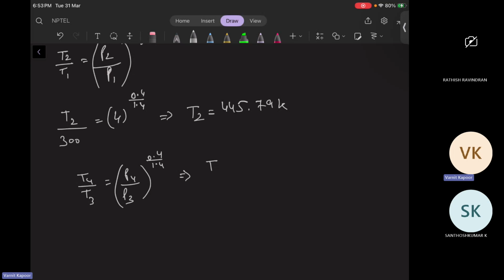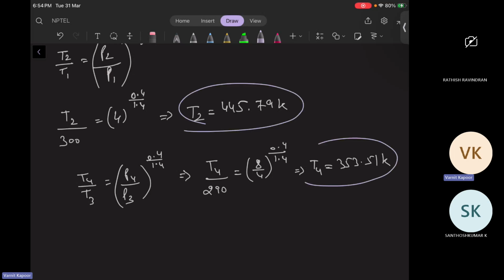T4 you don't know, T3 you know is 290 Kelvin. So 8 by 4 to the power of 0.4 by 1.4. From here, your T4 will come out to be 353.151 Kelvin. Okay, so you got T2, you got T4.